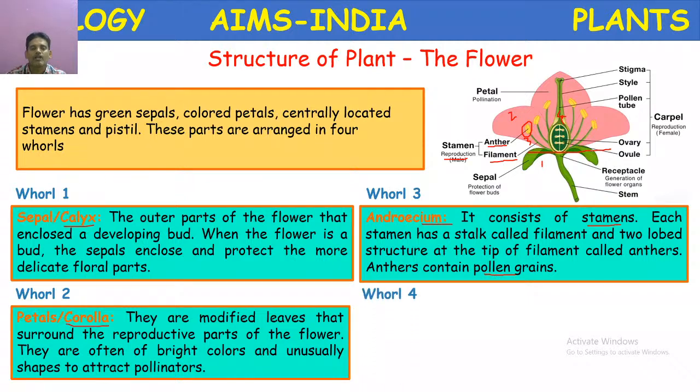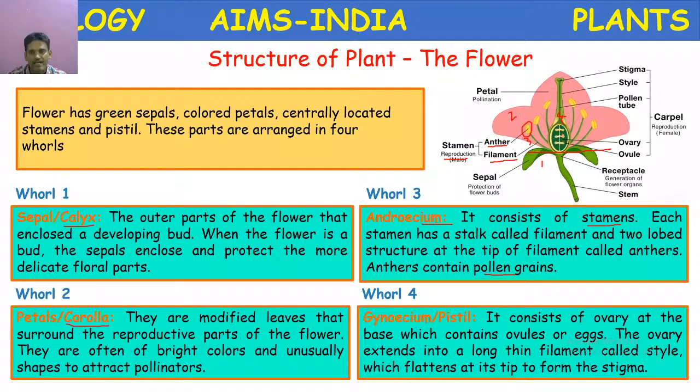Next, fourth whorl, very important, and the centralmost whorl, that is called the gynoecium or pistil, or sometimes we also call it carpel. Okay, in reproductive terminology we can call it carpels. So the gynoecium or pistil consists of ovary, style, stigma.